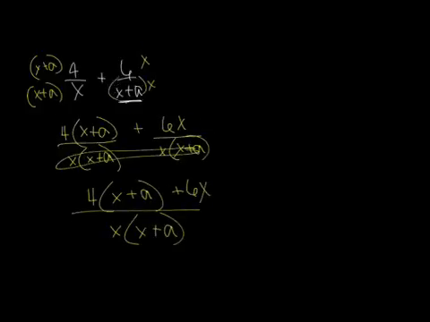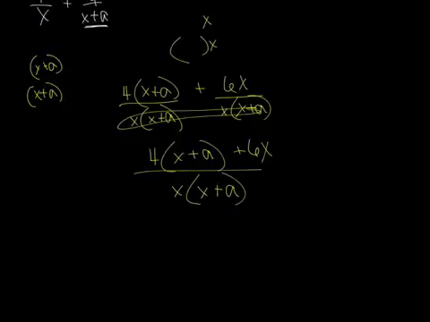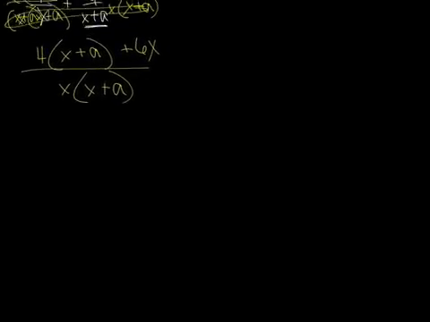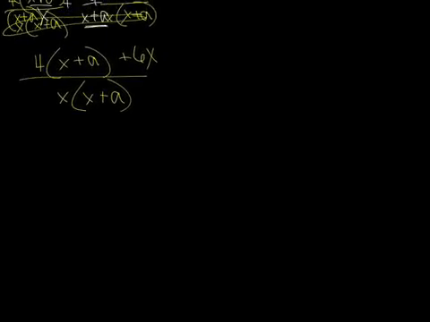So now, when I'm at this point, I'm going to get some stuff out of my way here. When I'm at this point right here, I'm going to use distributive property with my 4 times the quantity x plus a and get 4x plus 4a plus 6x.